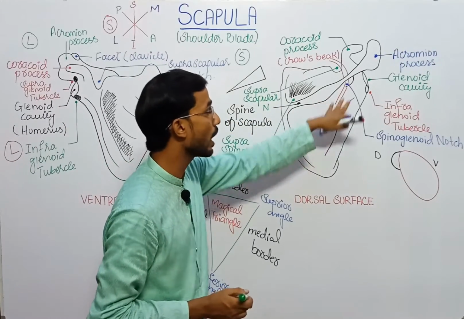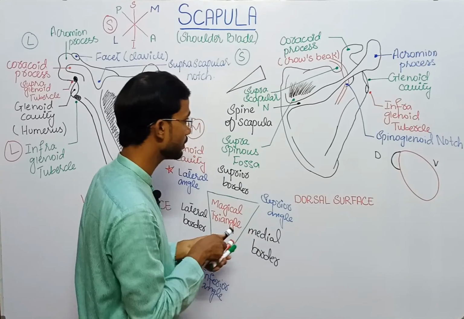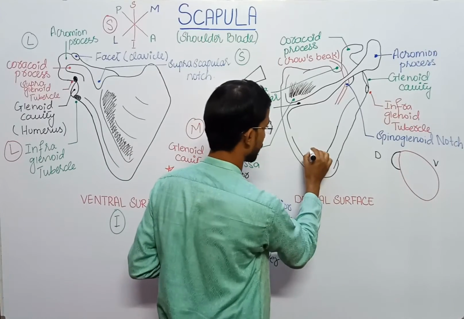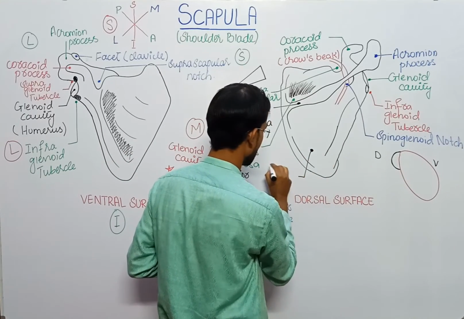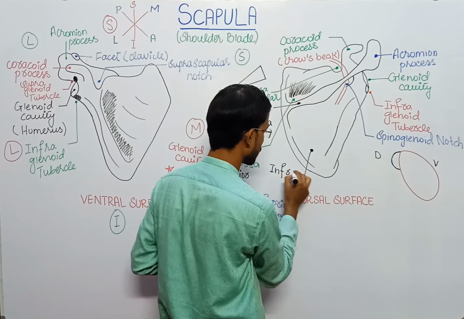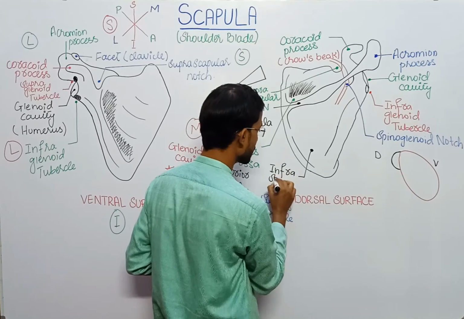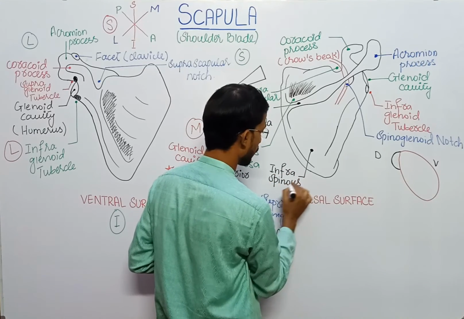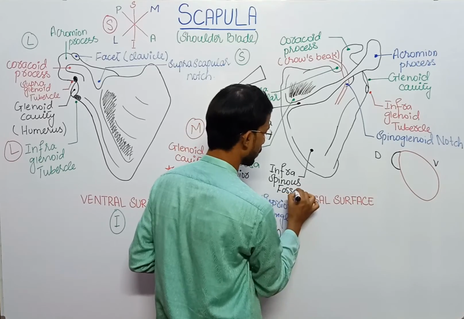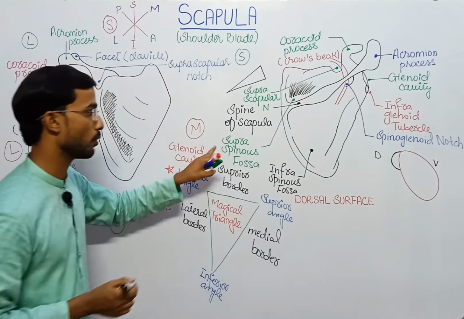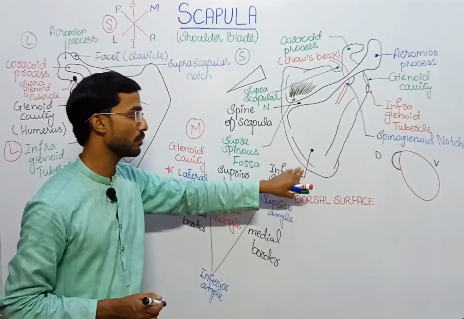And here the larger portion will be the infraspinous fossa. So these are the two fossae, superior and inferior.